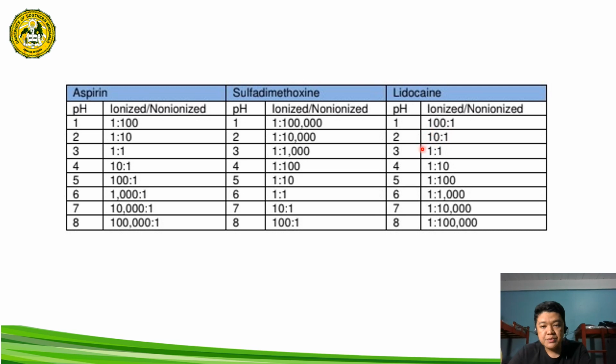So when we decrease the pH below its pKa value, we also increase the ionized form. When we increase the pH of our environment, there will be an increase in the unionized form. Therefore, for basic drugs, increasing the pH would increase the unionized form of the drug.